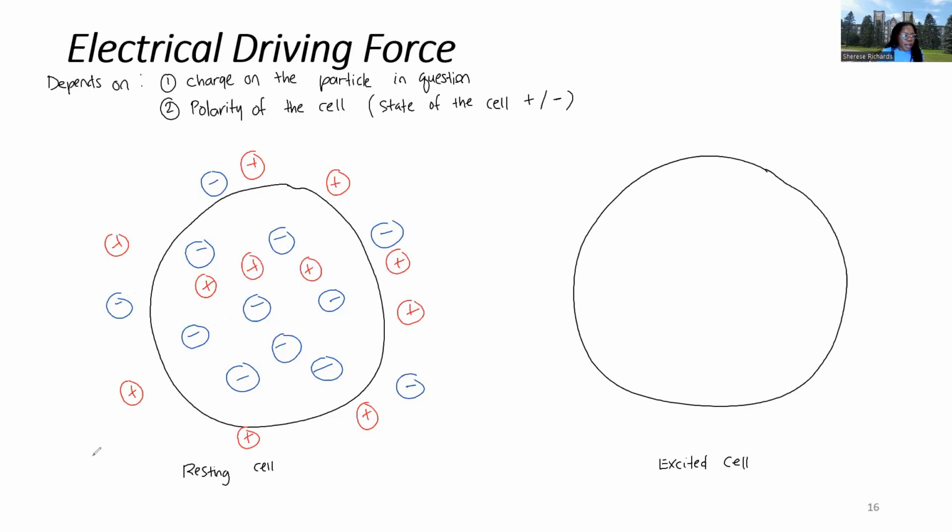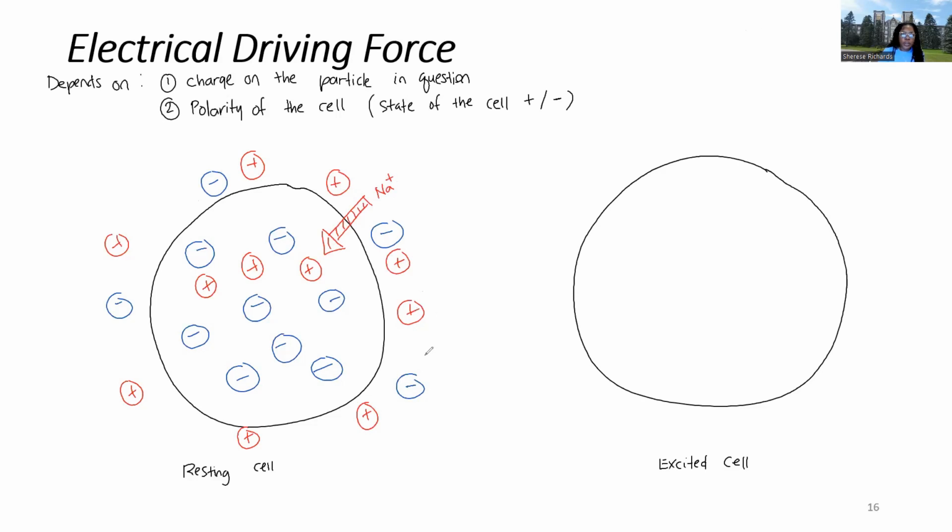So if we think about an ion like sodium, sodium is going to want to get to the inside of the cell, right? So sodium is going to want to move from an overwhelmingly positive area to the negative environment inside the cell. So here's the direction of sodium's electrical driving force, okay?